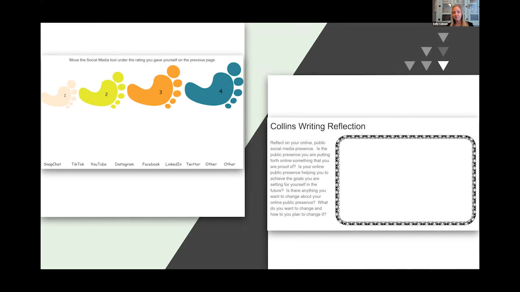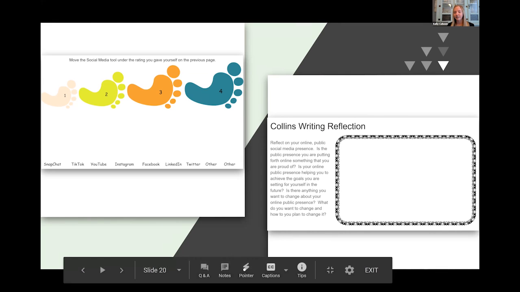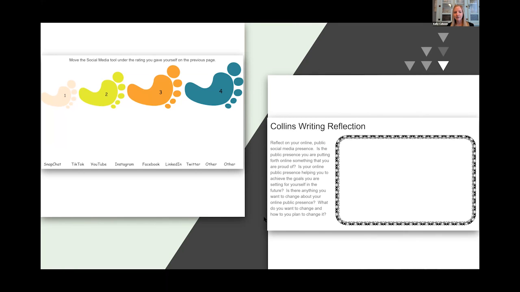So the first page of this, which isn't pictured, is having them rate what their social media usage is of each tool and how high their online public presence is for that tool. The second page, which is depicted here on the left, is set up in a Google Slides presentation where they can drag and drop under what size footprint, 4 being the biggest in this sense and 1 being the smallest, thinking about how big their online public presence is in each of these.